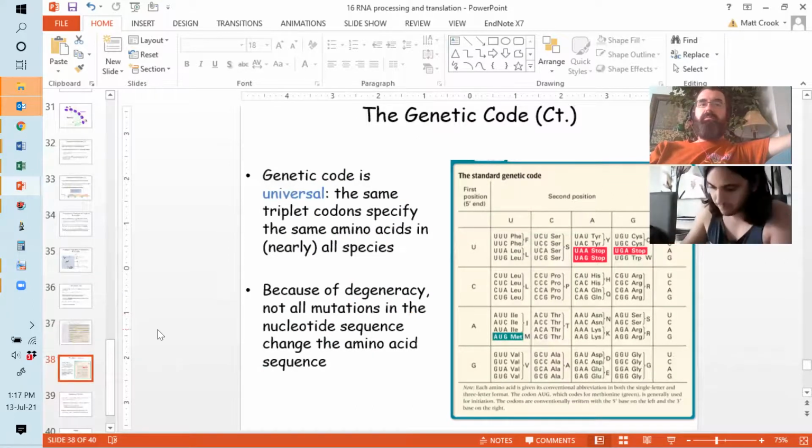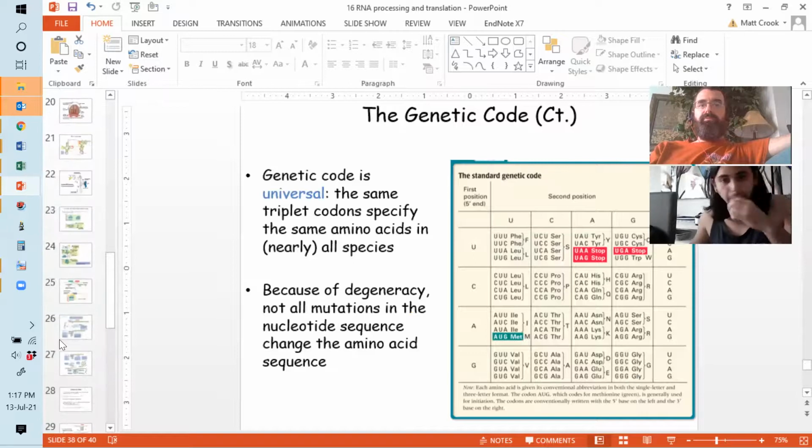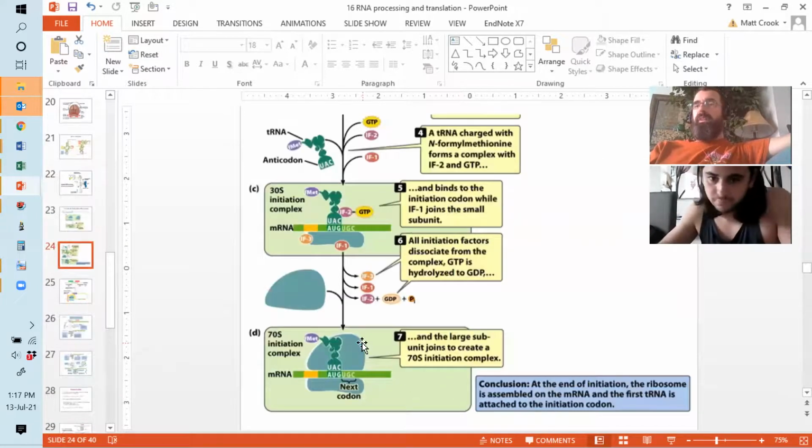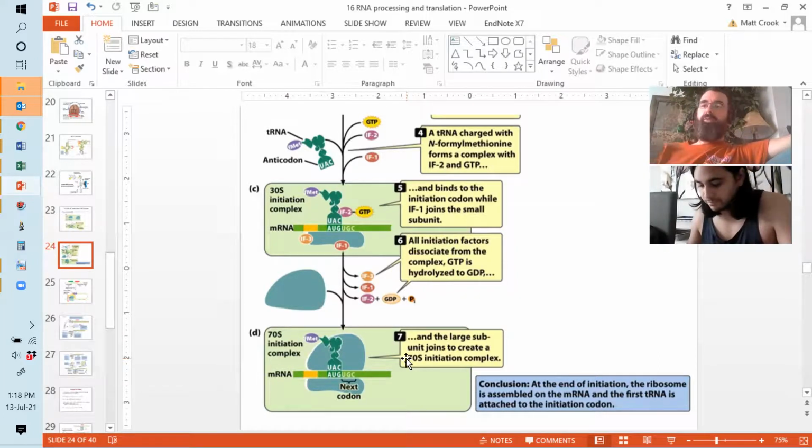That would be cysteine. So now tRNA for cysteine, along with some elongation factors, will be brought into the access codon. Now we'll form a peptide bond between methionine and cysteine, and then we're off to the races.